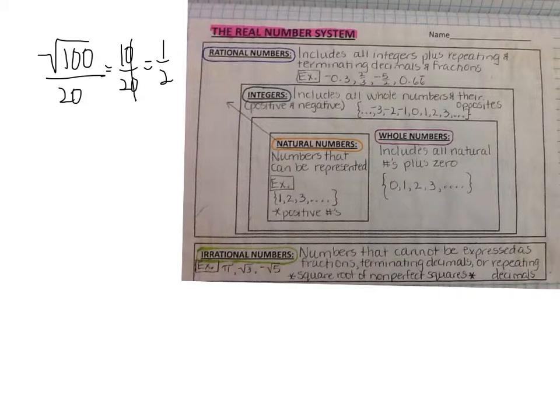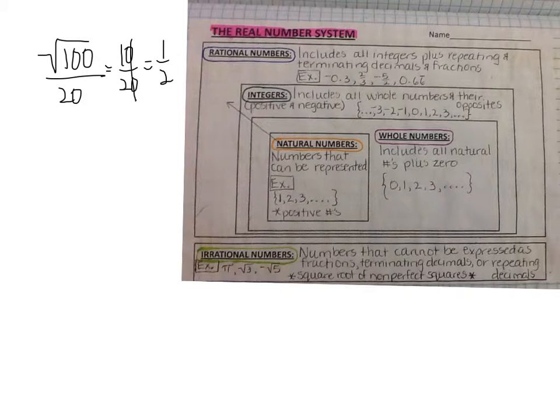Okay, is it a natural number? No. Whole number? No. Integer? Okay, you have to ask yourself, an integer has to be a whole number, which is a whole of something. Is half a whole of something? No. So it's not an integer. Is it a fraction or a decimal? Yes, but you have to decide.